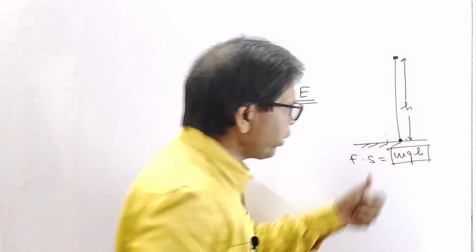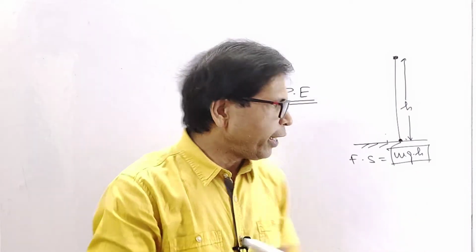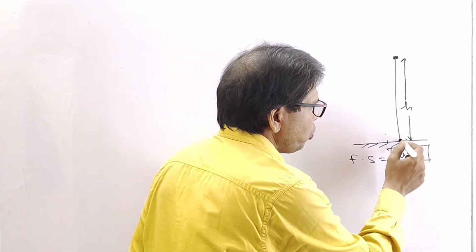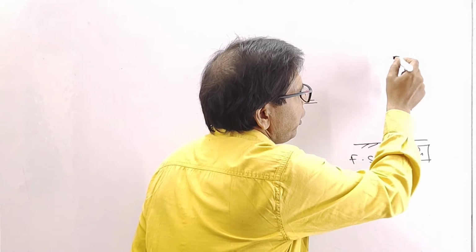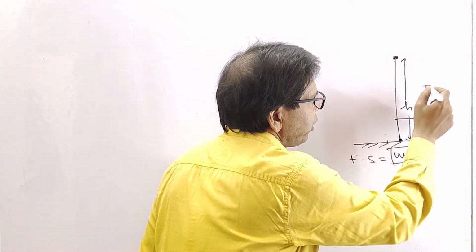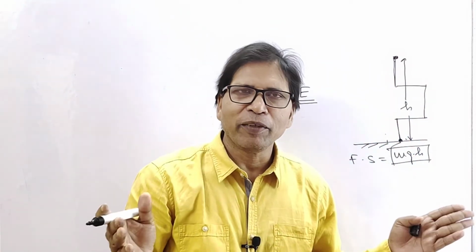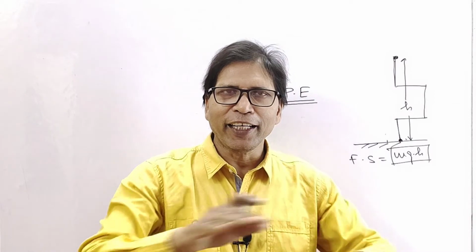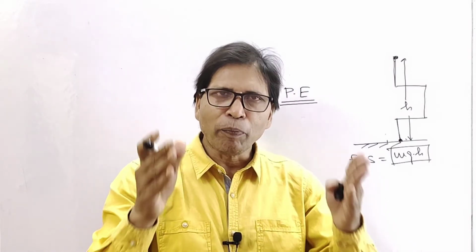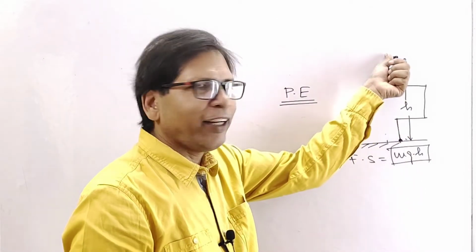Okay. Now potential energy does not depend on the path followed. That is, if the body moves from this to this, and if the body moves from this to this and again this to this, then the work done in both cases is the same. Therefore potential energy does not depend on the path followed. It depends on the initial and final points.